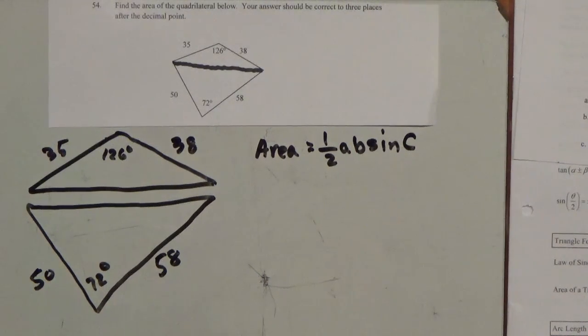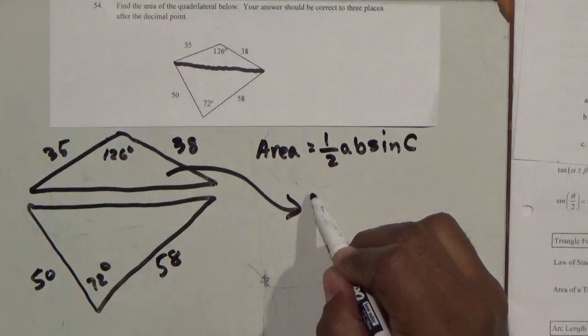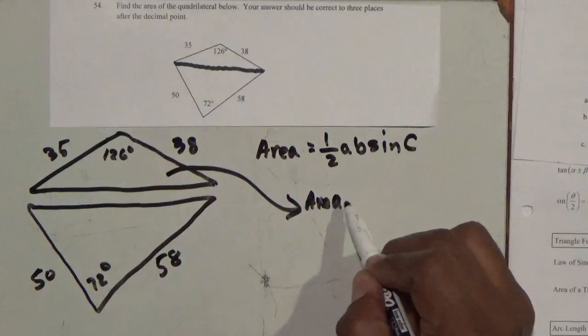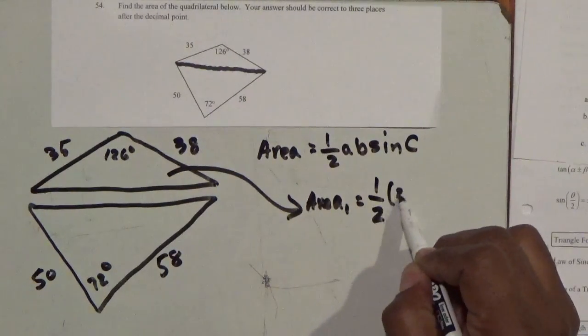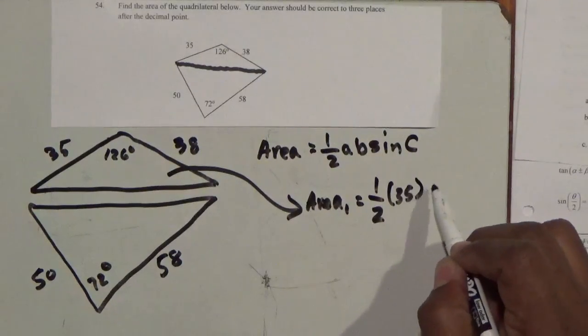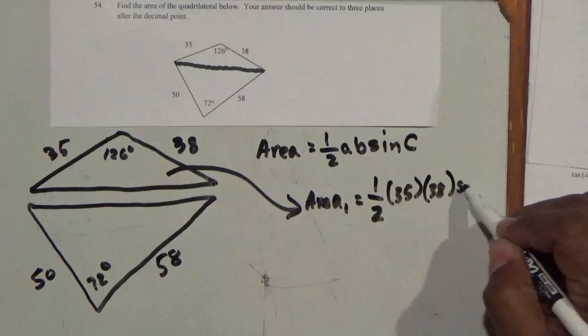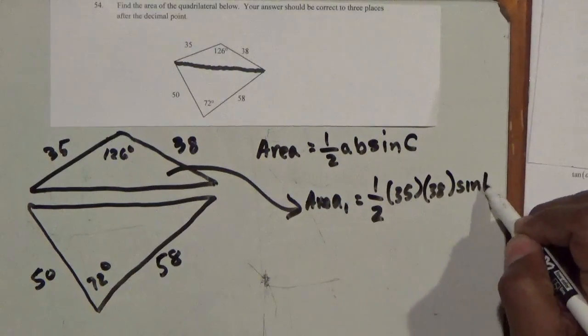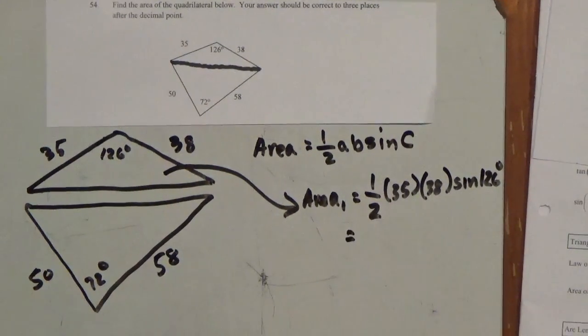All right, so let's do that. The area of the first triangle, let's call it area 1, is 1/2 times 35 times 38 times sine 126 degrees. Let's find that.